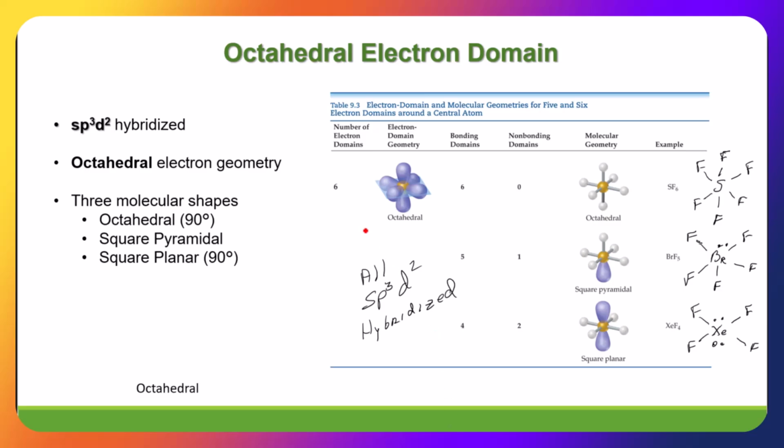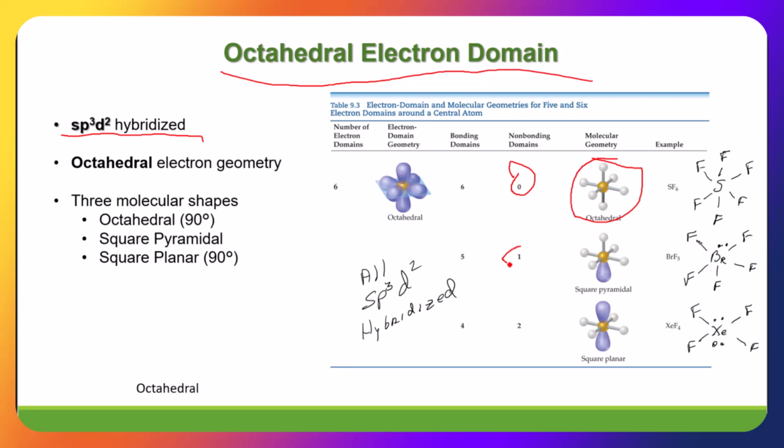All right. Last one, octahedral electron domain, sp3d2 hybridized. We've talked about that. You have 6 things around the central atom. If they are perfect, so let's say SF6, sulfur hexafluoride, that gives you a perfect octahedral electron and molecular geometry because you don't have any non-bonding electrons.